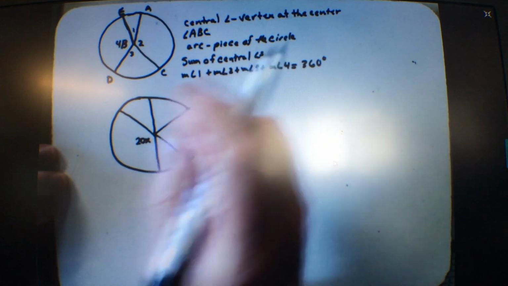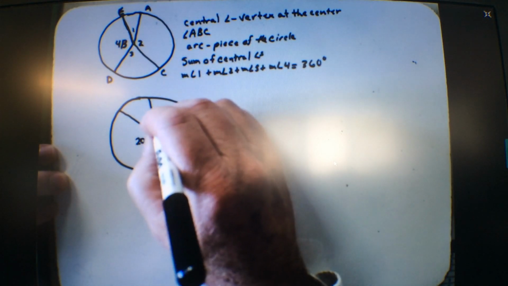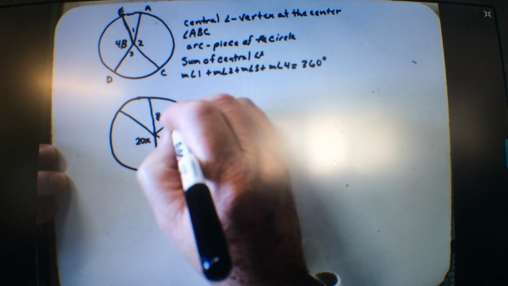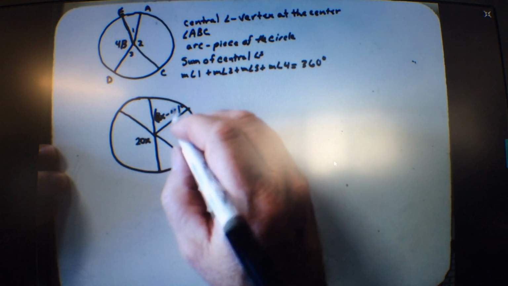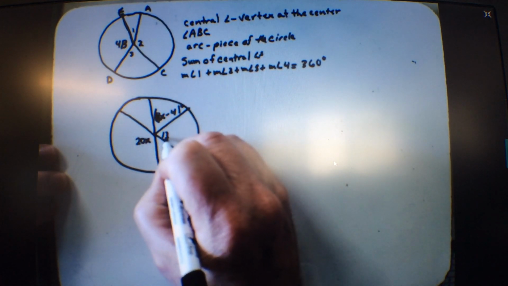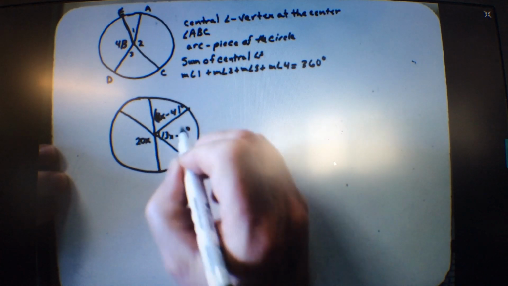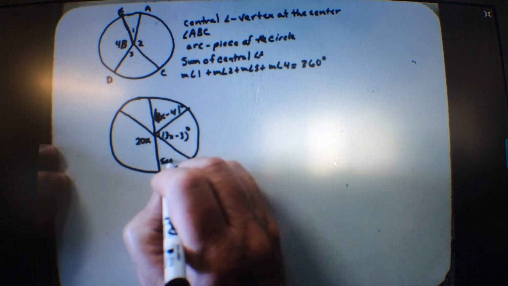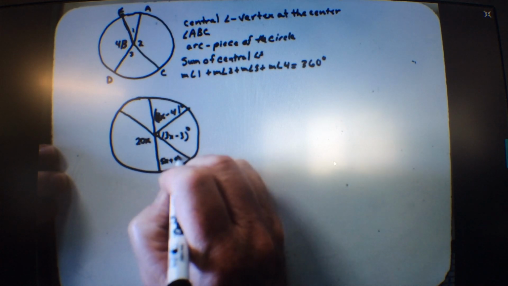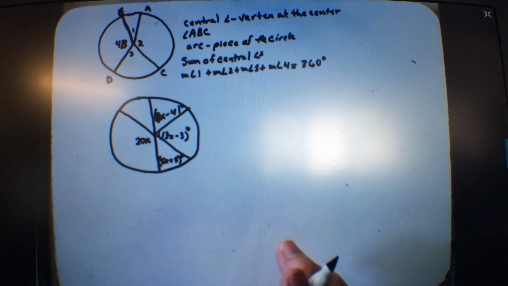Oh, I got you. This is 8x minus 4 degrees. Can you read that? 8x minus 4. This is 13x minus 3 degrees. And this is 5x plus 5 degrees. How could I solve for x?